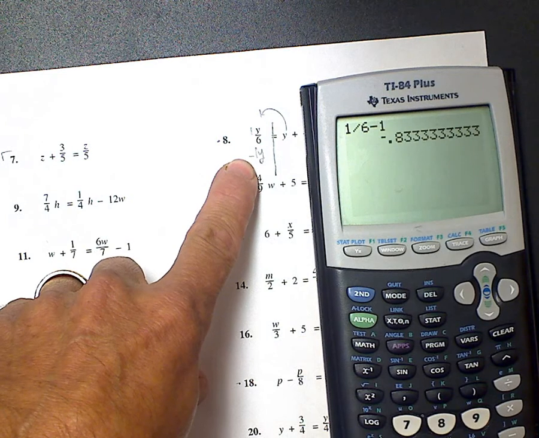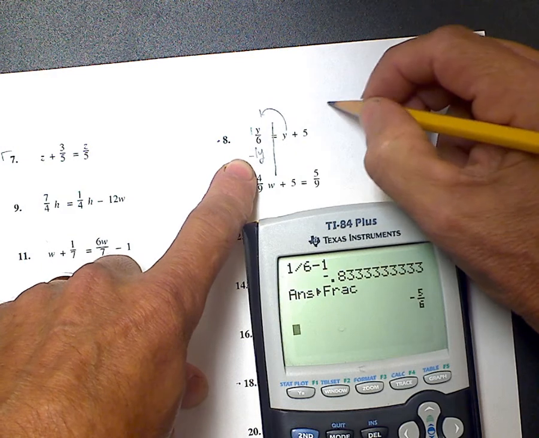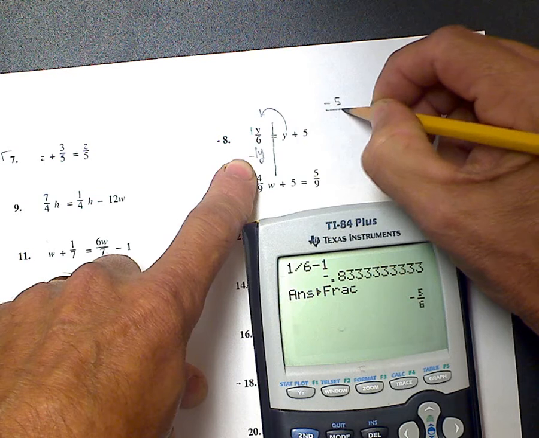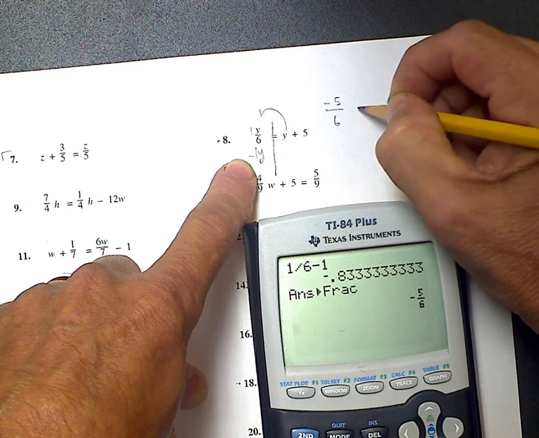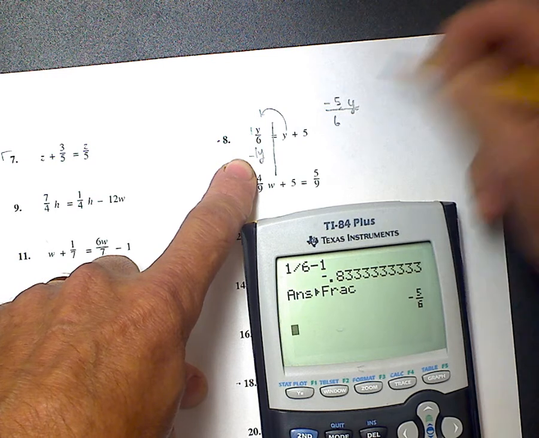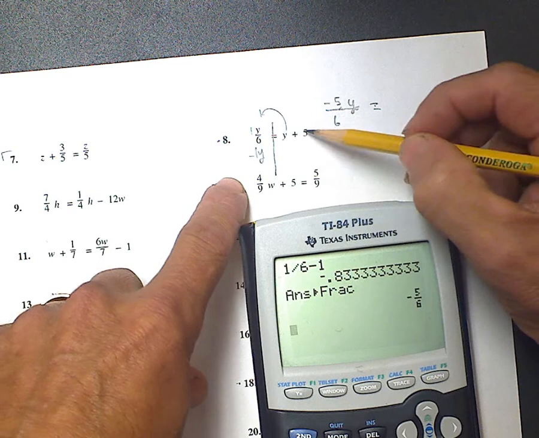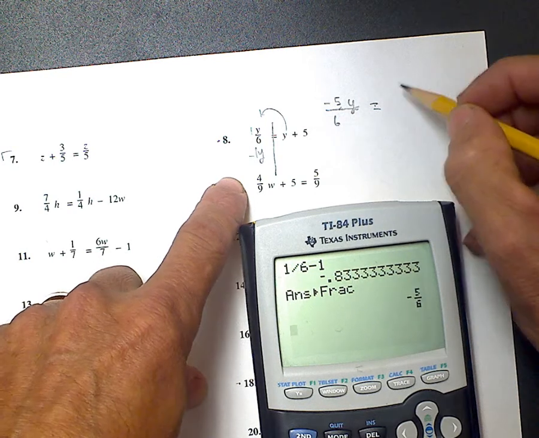Math fraction, I have negative 5/6 y. Notice I have the negative on top, I'll put the y on top as well. And all that equals what's left over. What was left over? The plus 5 was left over. So all that equals 5.